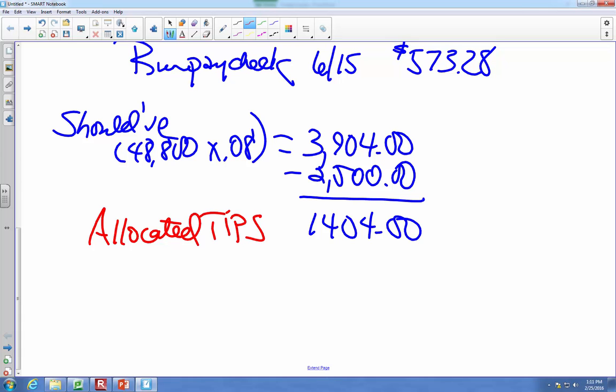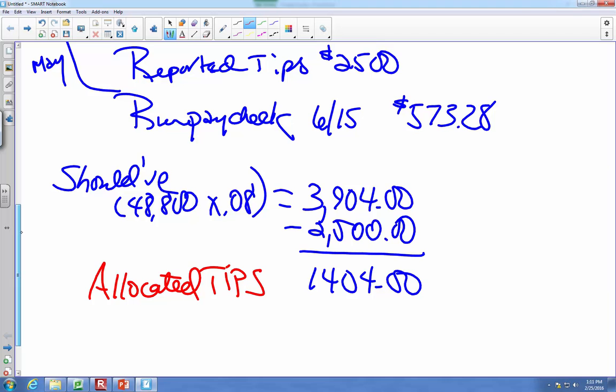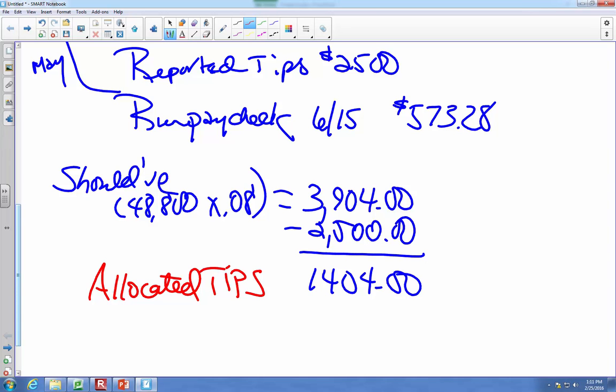Okay, so we've been through this a couple times, so there's all my data. So now I'm running my paycheck. What do I do? Figure out the FICA on my paycheck.